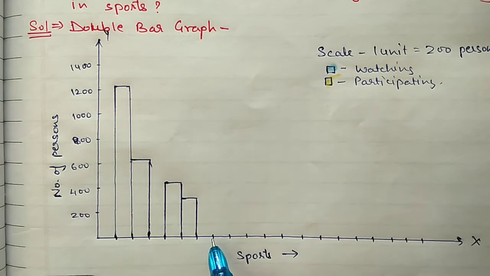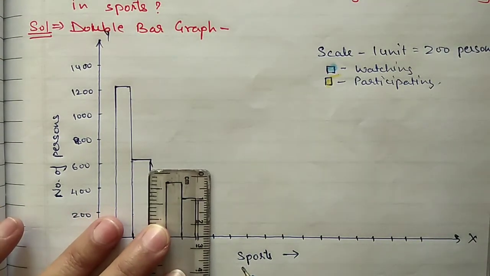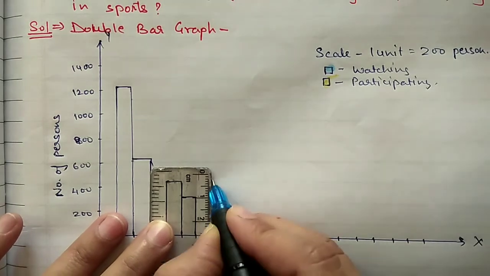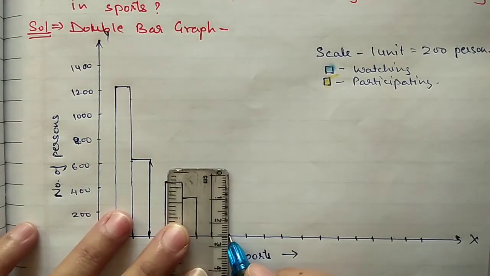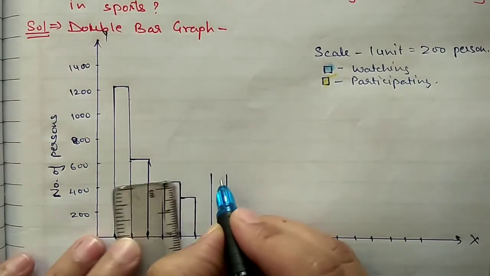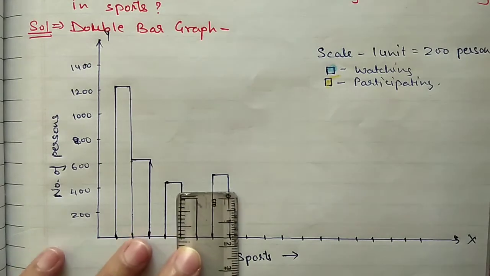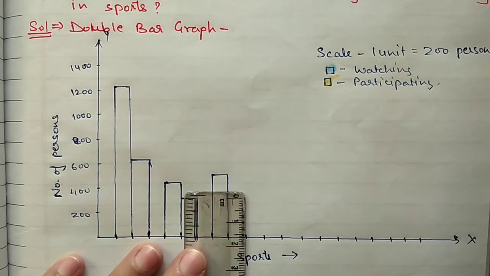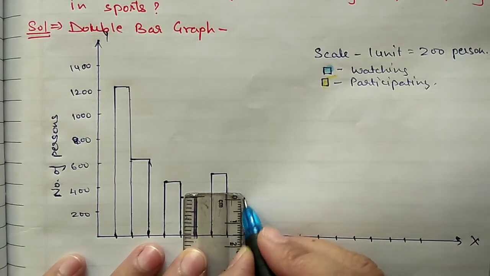again leave one more gap and then represent for swimming 510, between 400 and 600, 510 will come. Then participating for swimming is 320. First we have represented 320 here, so same height it will come.